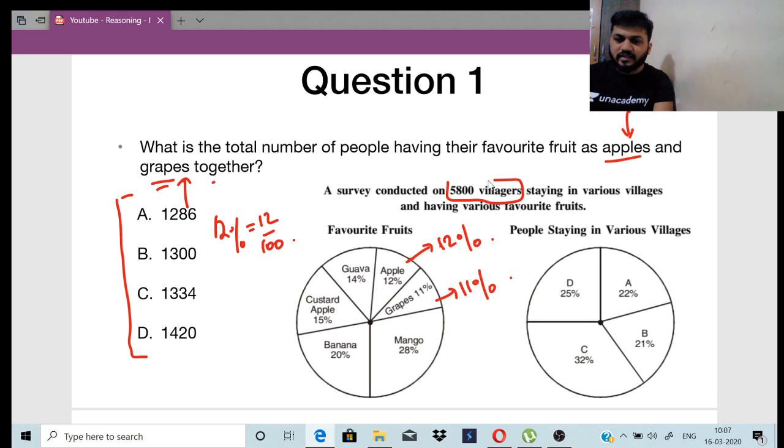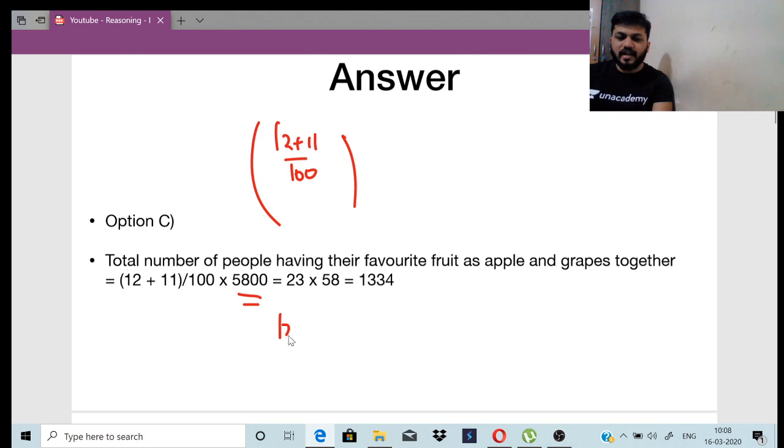This is n, the number of people. 5,800 people are there. In that, 12% are eating apples and 11% are eating grapes. It is as simple as that. 12 plus 11 divided by 100 into 5,800.